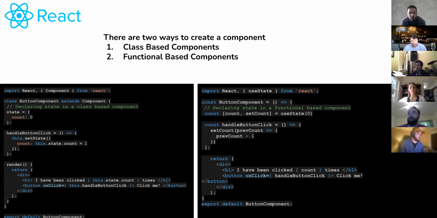Over here in the class-based component, when we're declaring state, or the variables that we want to use throughout the component, we say state equals an object, say count, initial value is 0. Whereas in function-based components, we use this function called useState, and that useState function takes in the initial value and returns 2 values.